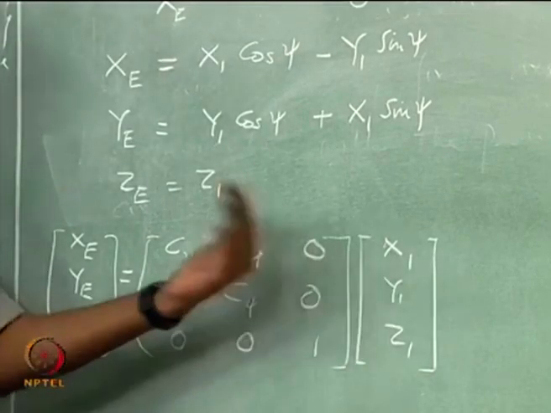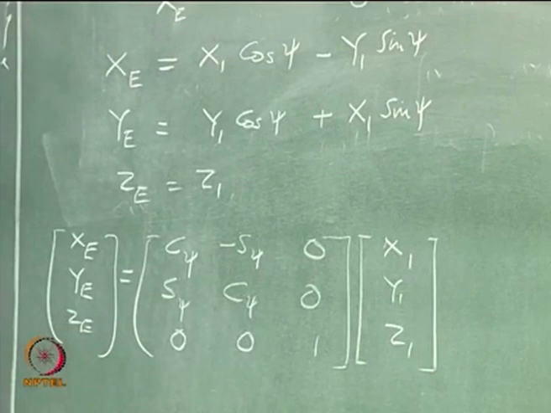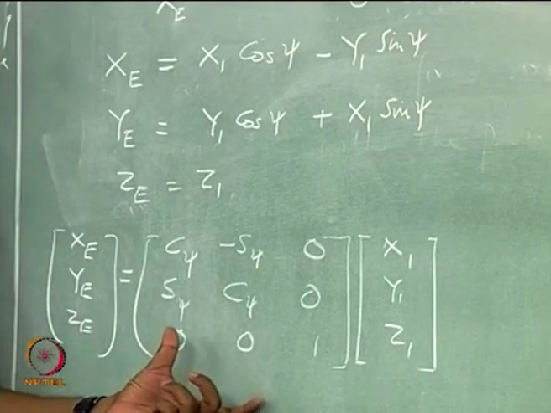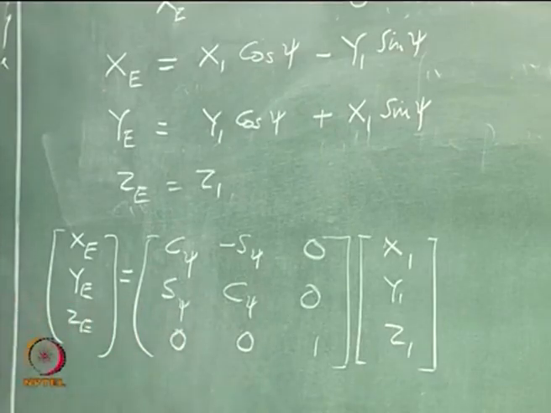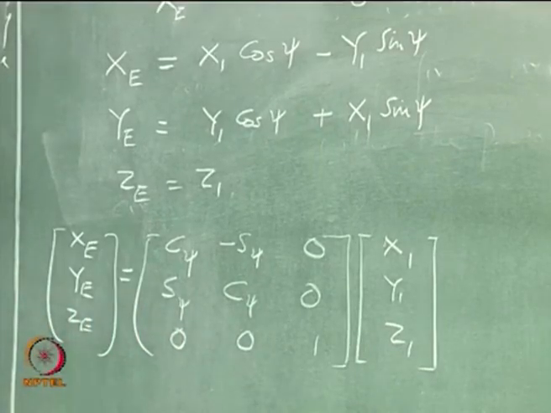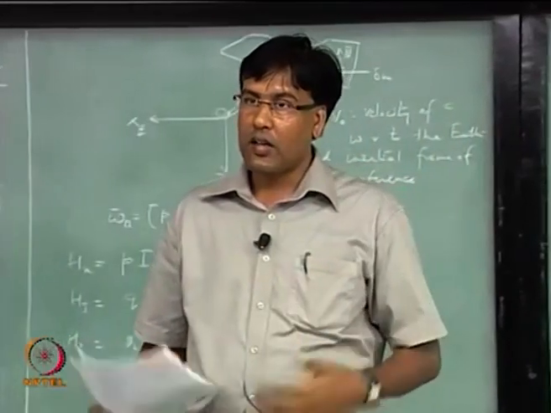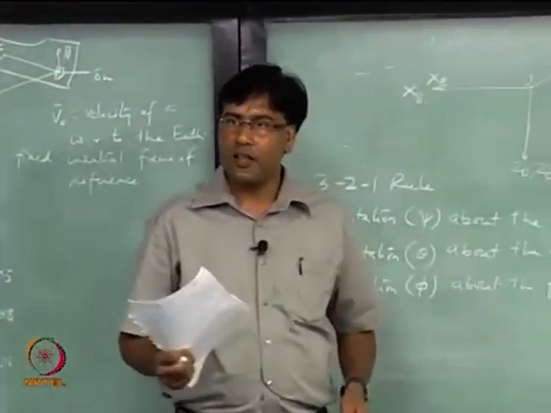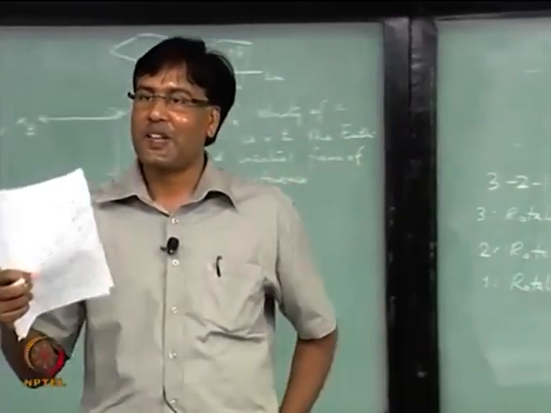And if you want to write it the other way around, then you just have to invert this matrix, and this matrix has a special property, okay. It is an orthogonal matrix, right.